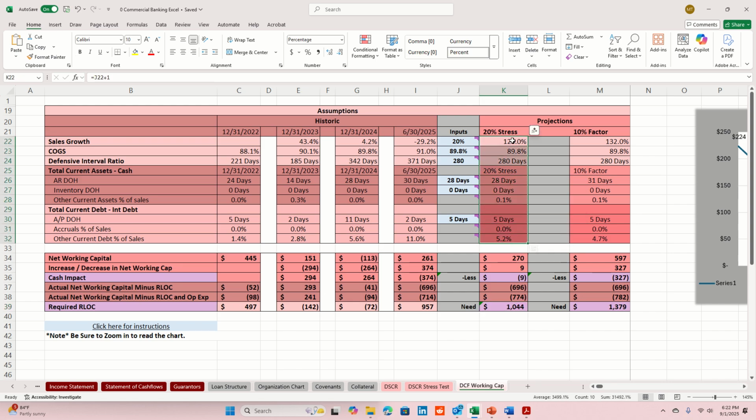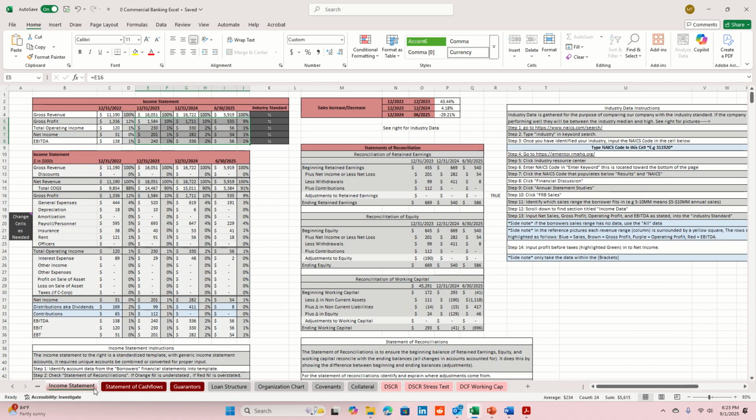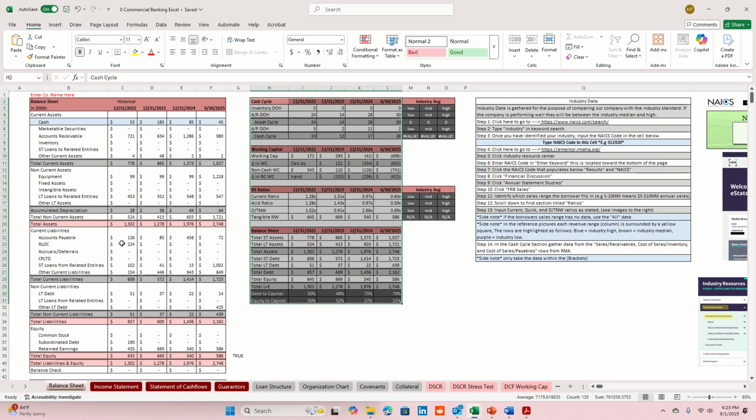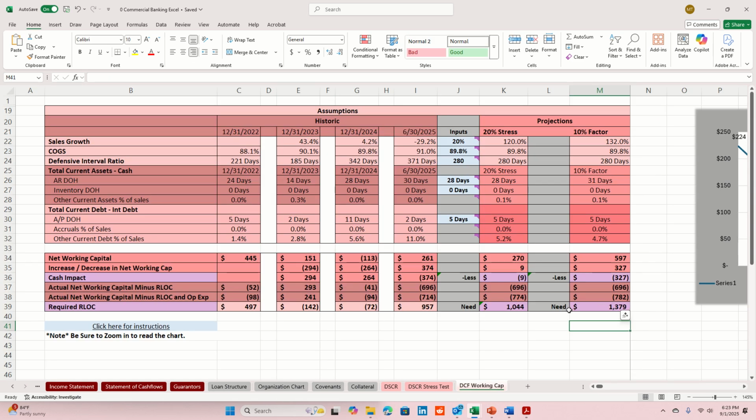With these factors, we're going to need $1 million worth of cash. With these factors, we're going to need $1.3 million worth of cash. Right now, our customer has maybe a maximum line of $224,000, maybe. Not sure. It's not a lot of cash. So anyways, that's how you calculate net working capital.